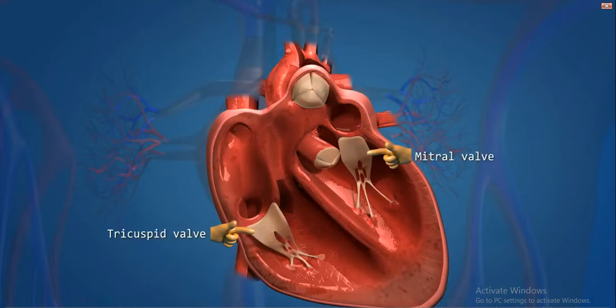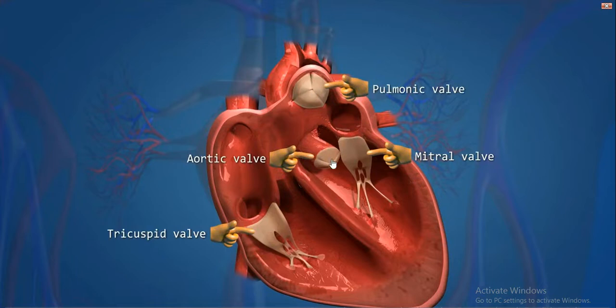Then what are the other two types of valves? These are the aortic valve and the pulmonic valve. These two types are given one name: semilunar valves. The aortic and pulmonary valves are the semilunar valves.